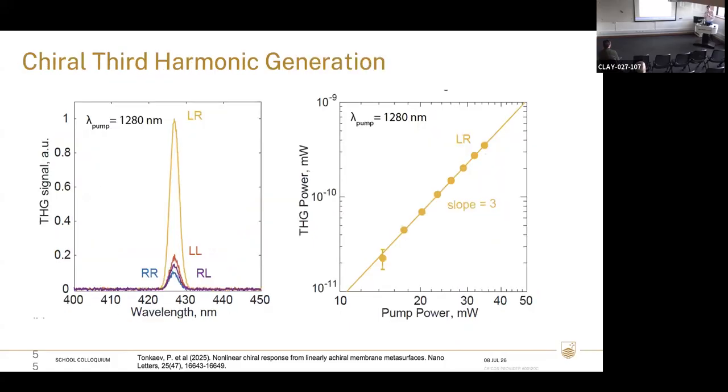So we then turn to the harmonic generation again and measure all four components. So basically, it's two copolarized components of the harmonics and two cross-polarized components.